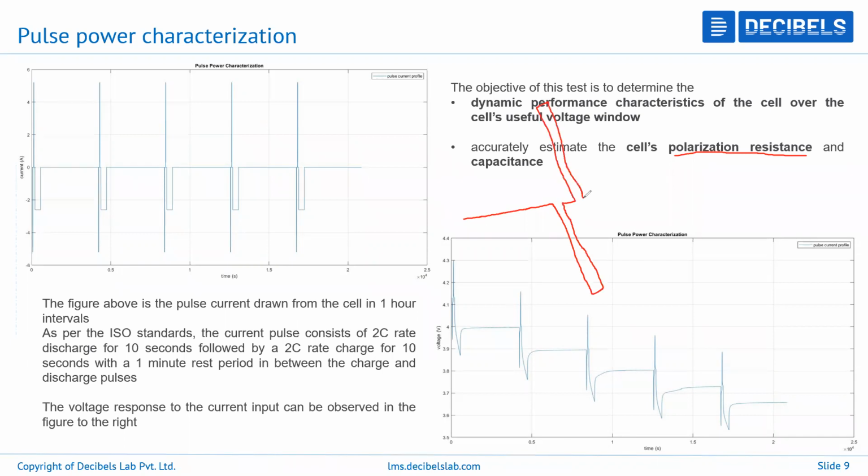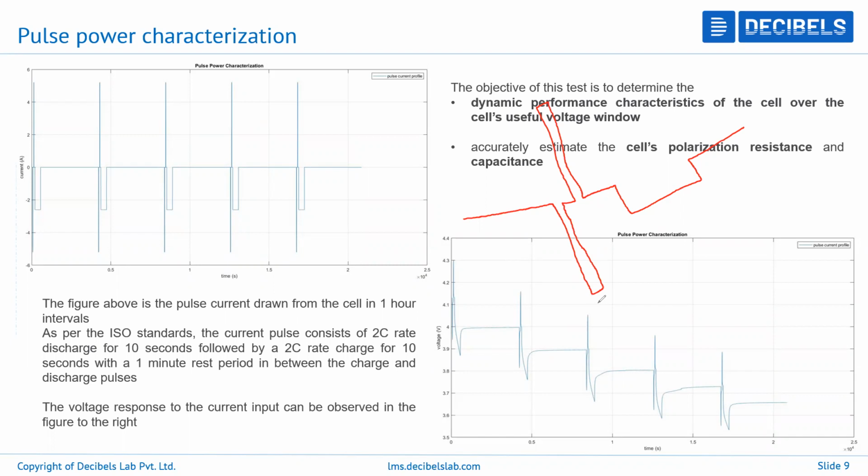So that is one pulse, right? And then it is subjected to another discharge pulse. So this is usually the profile of the pulse power characterization test. Now we'll try to understand what each one means. This discharge and charge pulse is meant to see how quickly the cell can respond to this kind of scenario.